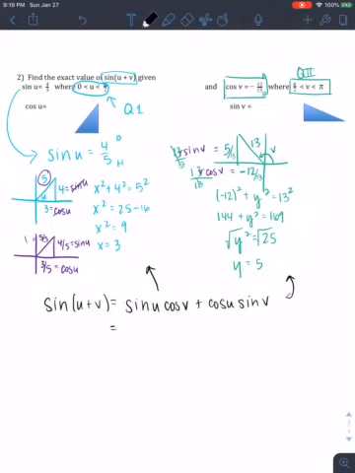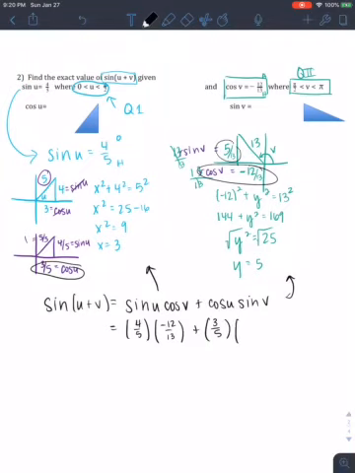So let's go ahead and evaluate. Sine u is 4/5. That was given. Cosine v right here is equal to negative 12 over 13 plus our cosine u is 3 over 5 times our sine v, which is over here, which is 5 over 13.